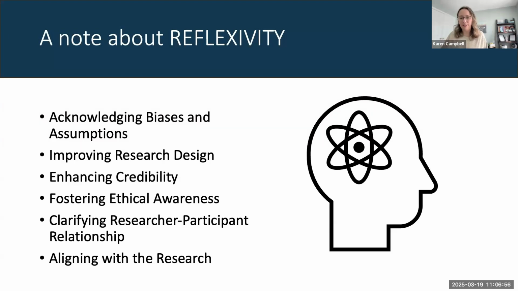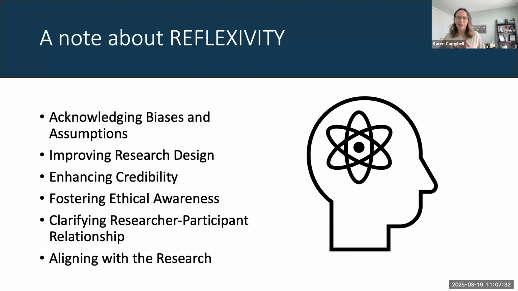Also, it will help to improve your research design. Again, being aware of your positionality helps us to make more informed decisions about who we choose as participants and why we're choosing those particular participants, maybe how we even choose the strategies with which we're going to generate data. It enhances our credibility and fosters our ethical awareness. It also helps to clarify what exactly is the relationship between the researcher and the participant.